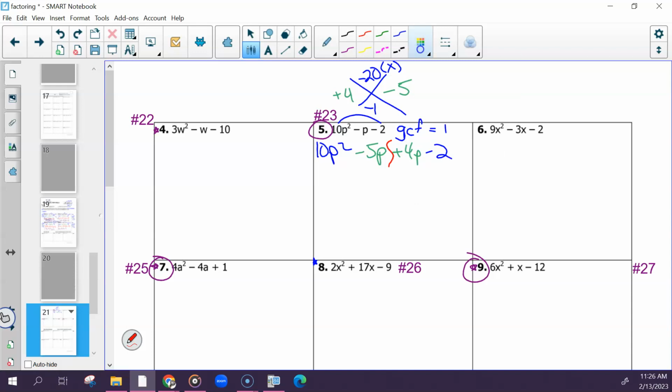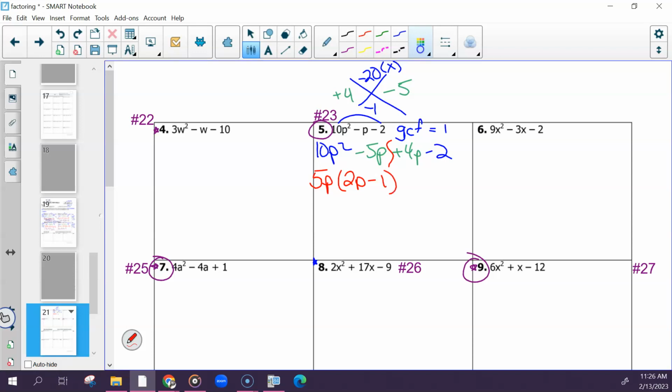What would those first 2 have in common? 5p. We divide both of those by 5p. What's left? 2p minus 1.